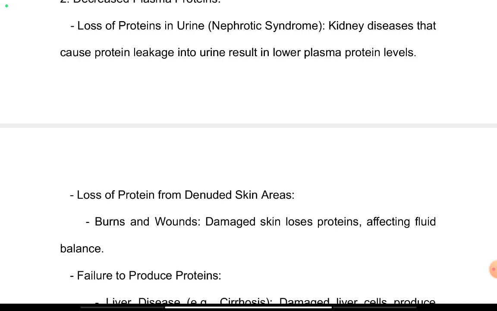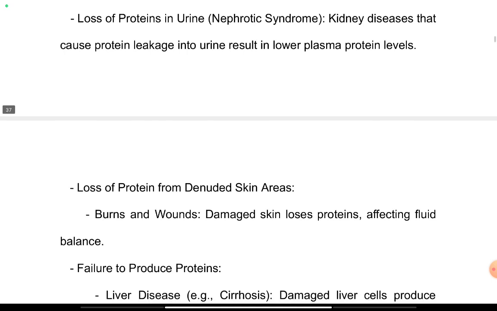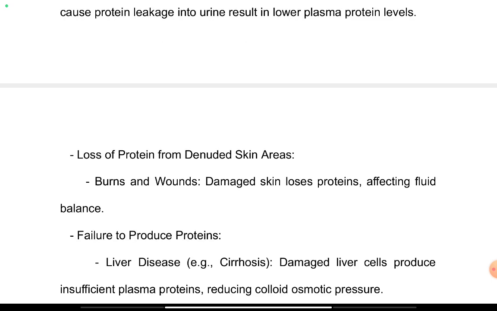So there's not only loss of fluid, but also loss of proteins as well. When there's much loss of proteins, of course, you should know that the colloid oncotic pressure becomes decreased.